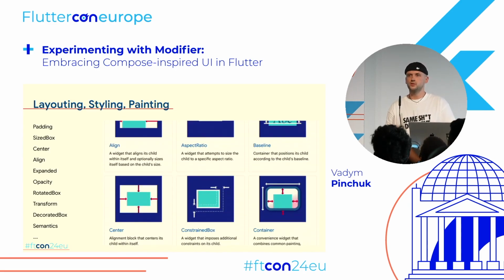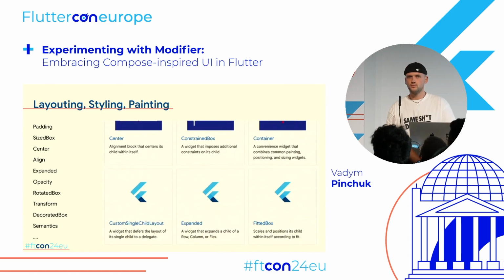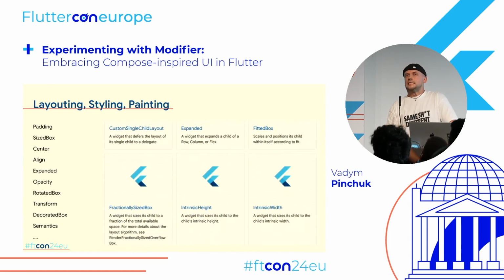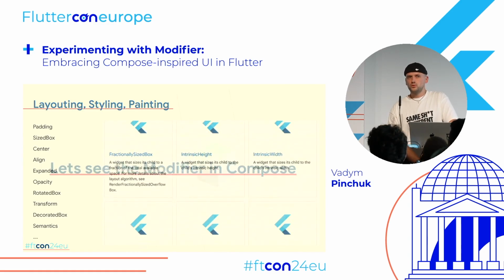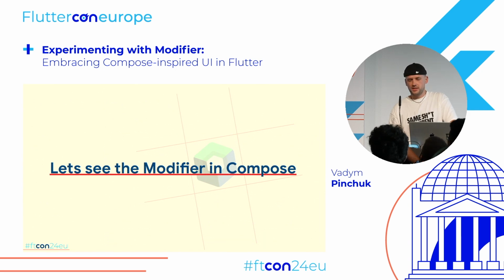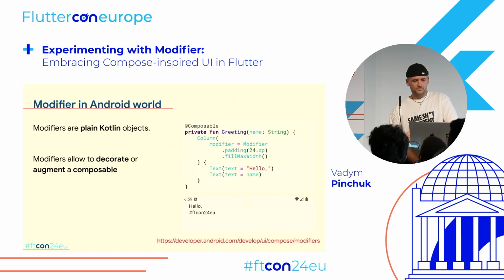Modifier is really used in Compose. So modifier is coming from Compose to help us decorate. It is coming from the Android world. That's not a secret. And modifier itself is just a plain Kotlin class, a plain Kotlin object, which helps hold some configurations, and it helps to decorate composables.